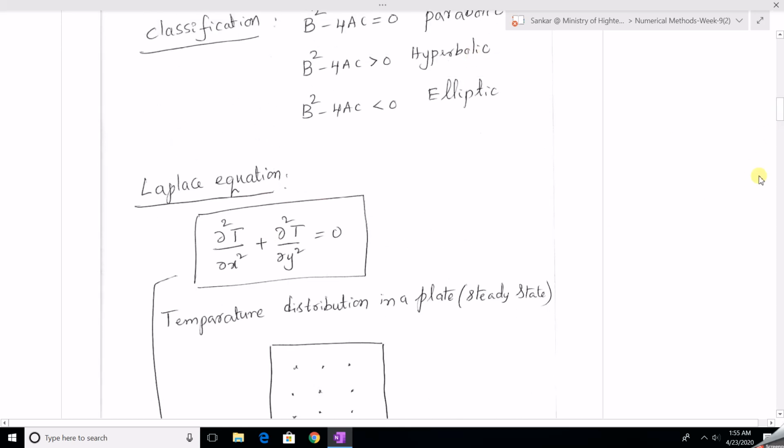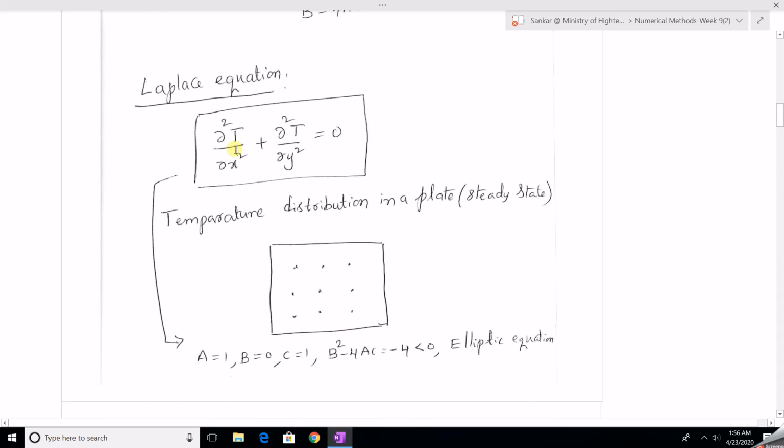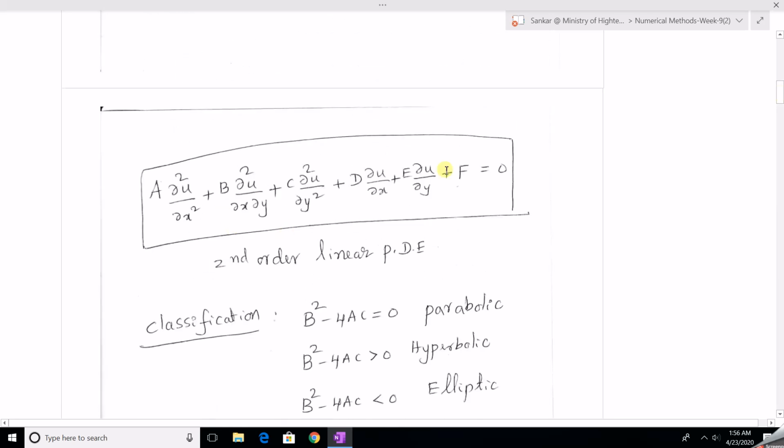Is it parabolic or hyperbolic or elliptic? So if we compare, A, the coefficient of dou square T by dou x square, A equals 1 here, and for dou square T by dou x dou y, there is no term dou square T by dou x dou y, therefore B will be 0 if we compare this equation with the standard equation.